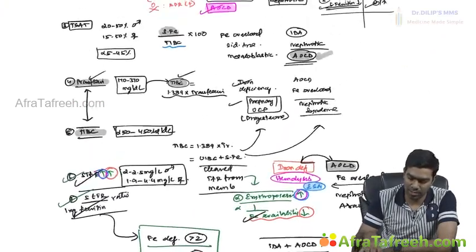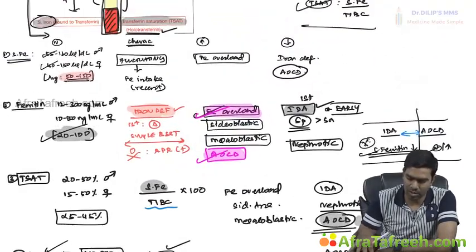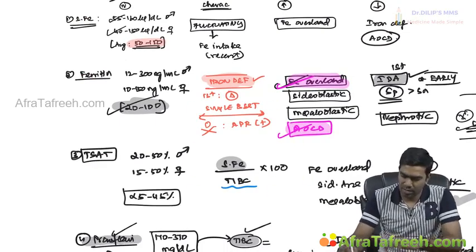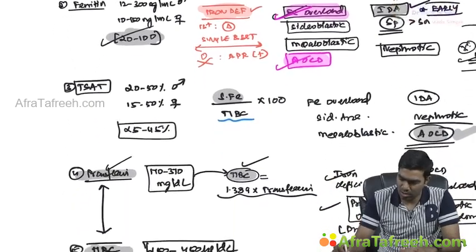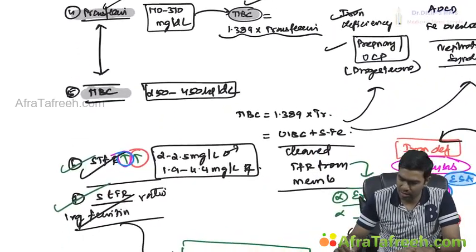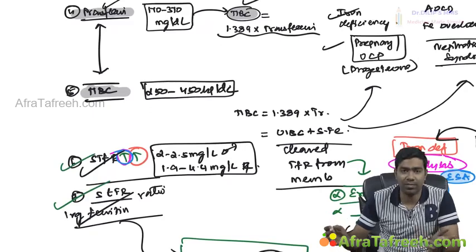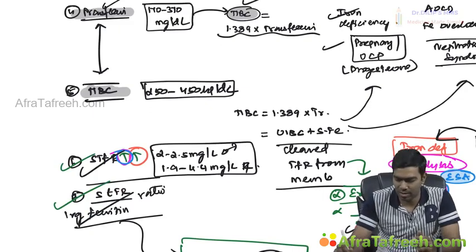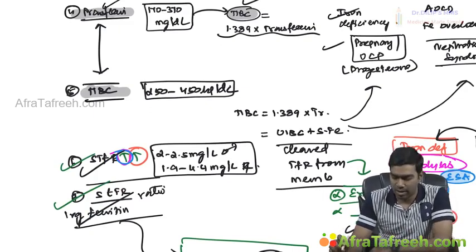So this is the net summary of whatever we have discussed till now. We have discussed serum iron, ferritin, TSAT, transferrin, the TIBC, and the special indices for differentiating iron deficiency versus anemia of chronic disease, that is, soluble transferrin receptor and soluble transferrin receptor by log of ferritin ratio.